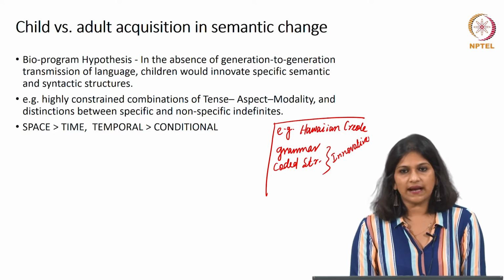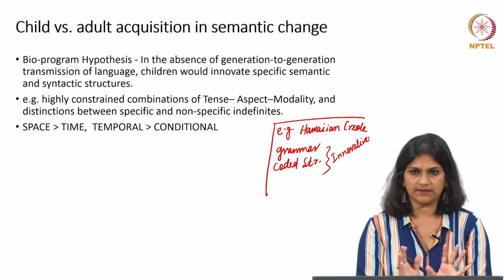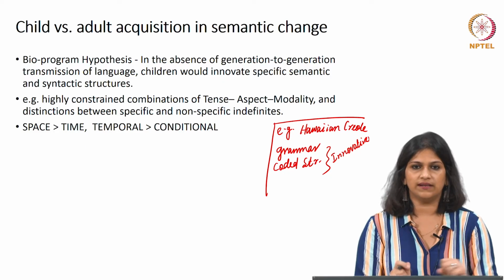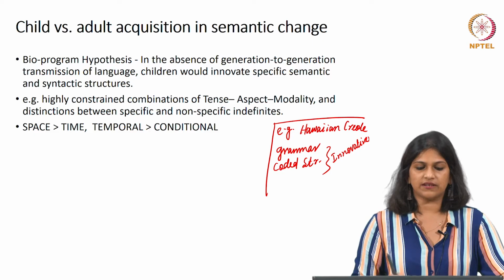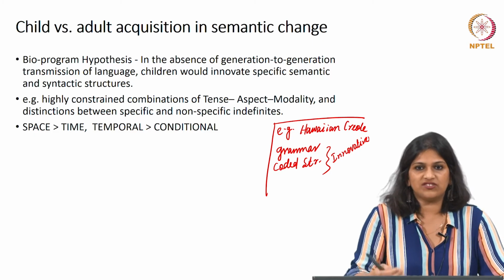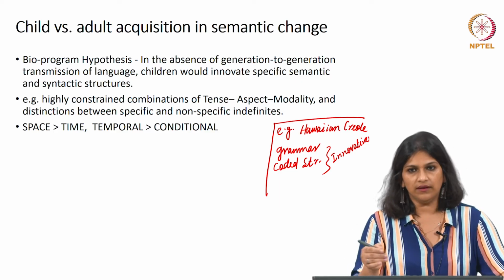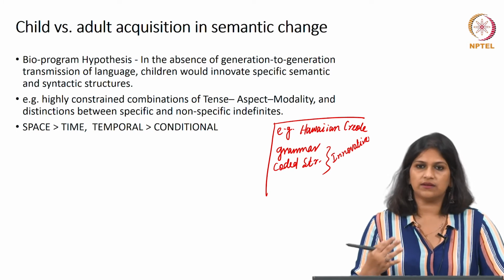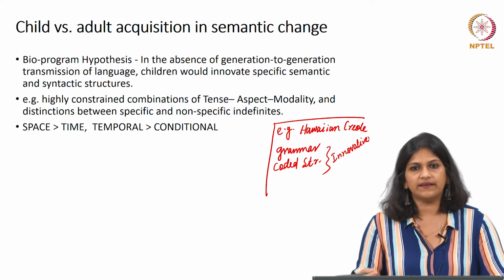All these changes at the level of semantics can be codified through child language acquisition, or by looking at the absence of generation to generation transmission of language, and how children bring a semantic change to certain parts of speech or linguistic components. It could be either the TAM marking on the verb, or the use of definite or indefinite articles.